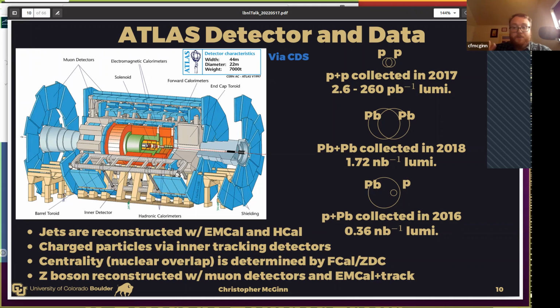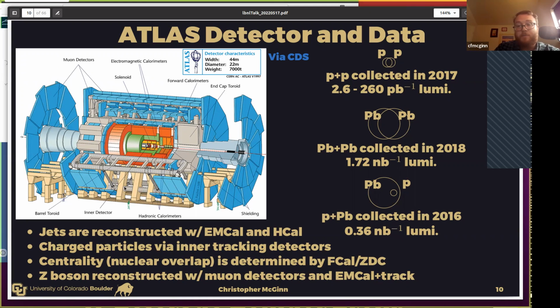Now, we're going to use three different data sets here. Proton data, which is typically a reference, collected mostly in 2017. Lead data for two of the results, collected in 2018, and then the p-Pb data was collected in 2016 for the final result. The different objects and how they're reconstructed are detailed in the bulleted list.